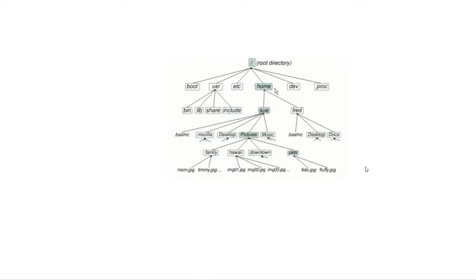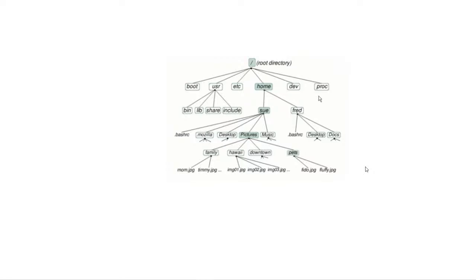Right here you can see the data for Shu and Fred. So this is very much like a tree, and you can see each node could have multiple children but has only one parent. That's how the file system is structured.